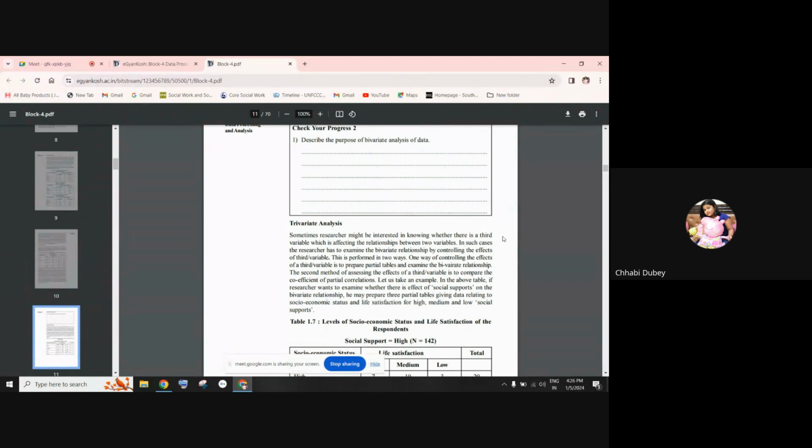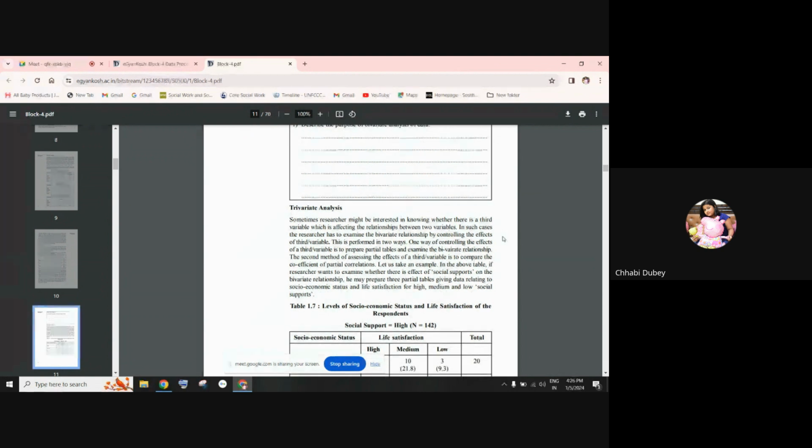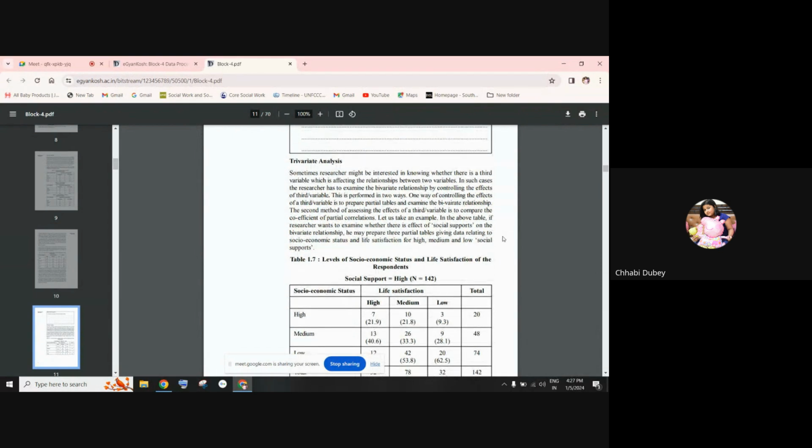This can be done in two ways. One way of controlling the effect of the third variable is to prepare partial tables and examine the bivariate relationship. The second method is assessing the effect of the third variable by comparing the coefficients of partial correlation. These are statistical tools, and depending upon the number of variables we have taken, we will select the statistical tools accordingly.